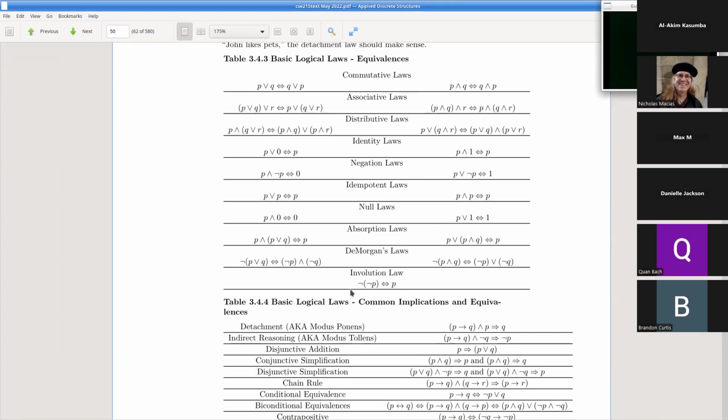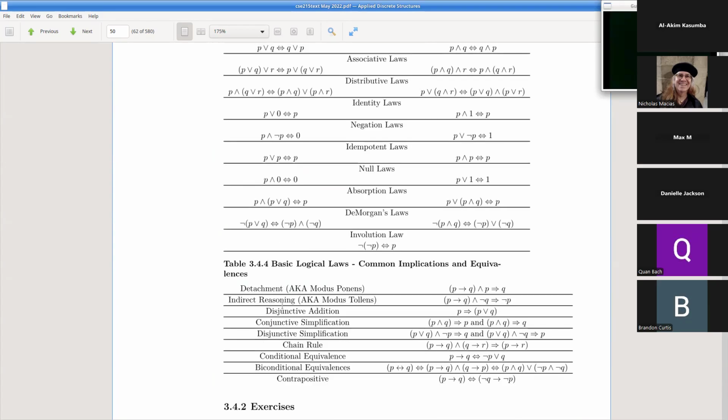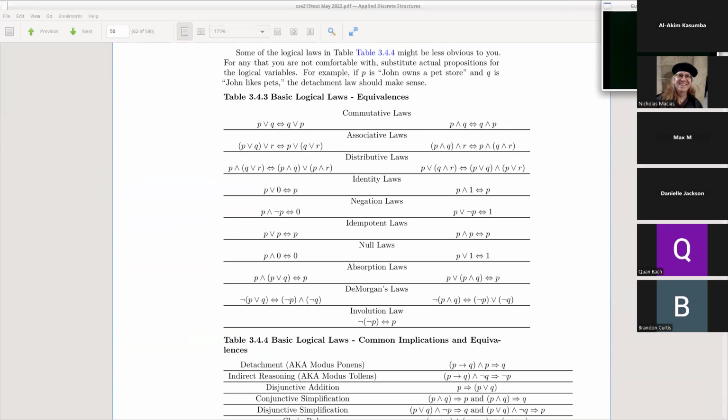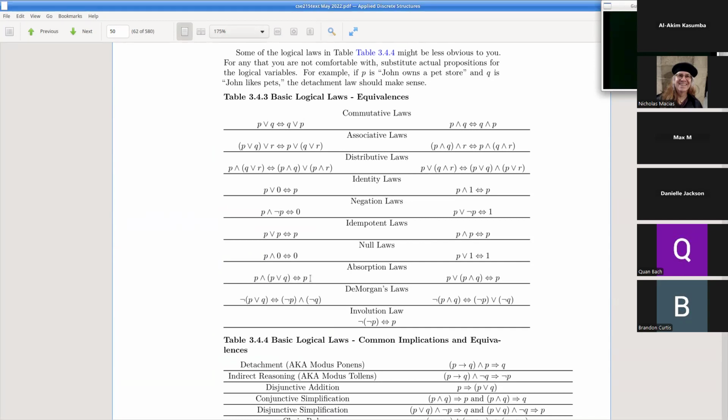It's the page we're going to use the most out of the entire text, and we're going to rely on it for a lot of what we do with proofs, especially this second table down here. These absorption laws are useful.